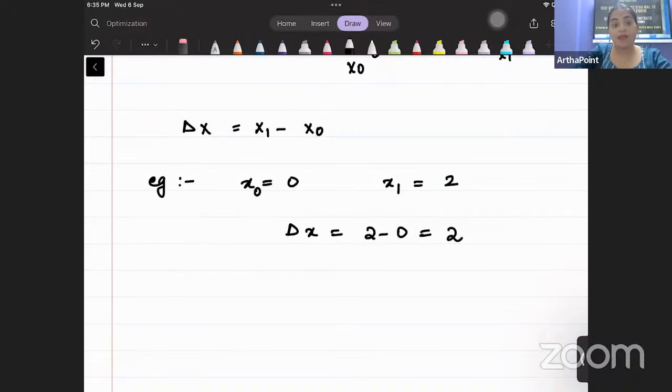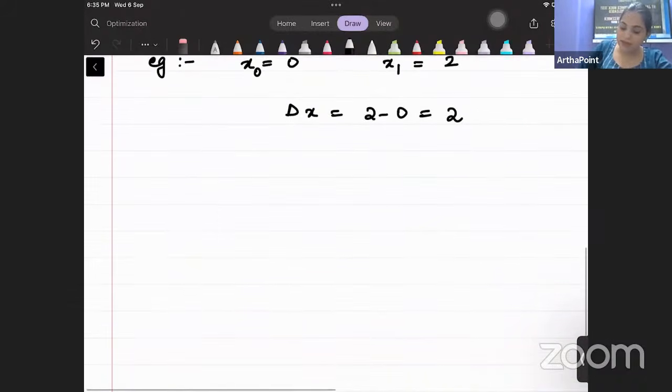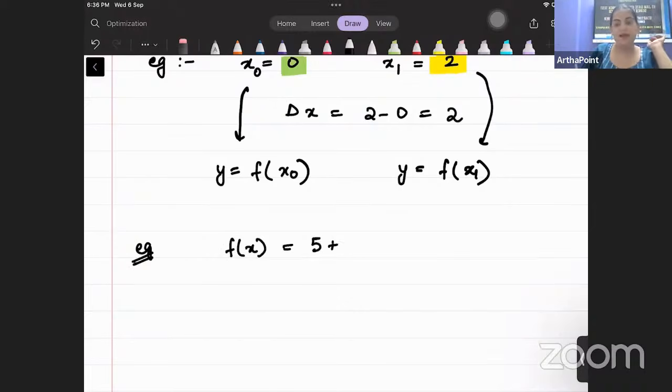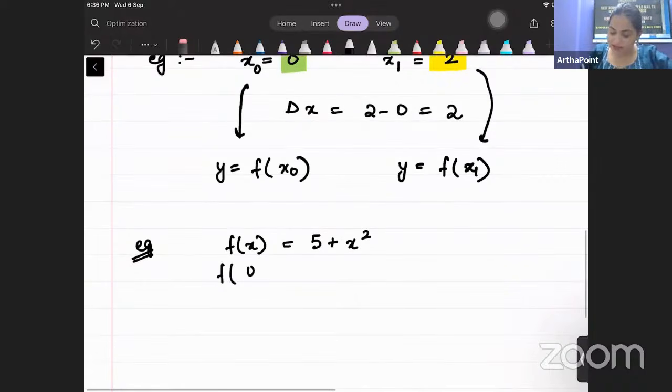Now, I am telling you that y is a function of x. So beta, jab x 0 raha hoga, to y, which is a function of x, usme maine x naught put kiya hoga. And when x would have been 2, so beta again, y is a function of x, na? So I would have put x1 here, right? So take an example. Suppose I tell you that my function is given to me as 5 plus x square. Beta, what is the value when you put x as 0?